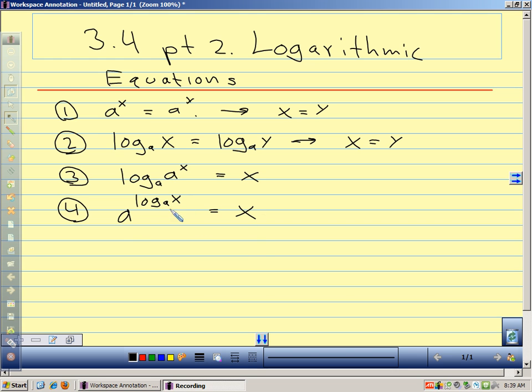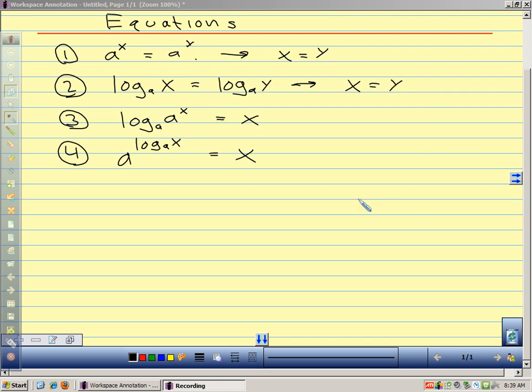The exponential function and the logarithmic function undo each other. Those are the main properties we're going to use when we solve exponential or logarithmic equations.